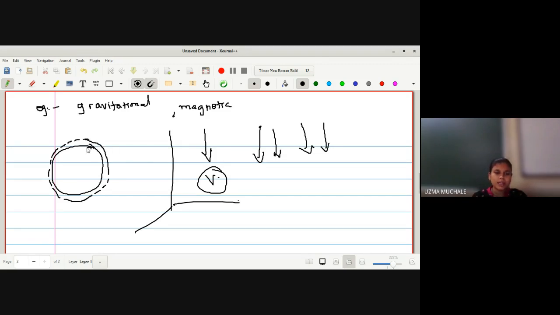Otherwise, we know that the astronauts go to the space station, because in space, NASA has developed its own space station so that we can stand there. Just as we have our station, NASA also has a space station. All the scientists, all the astronauts go there whenever they want to do research.